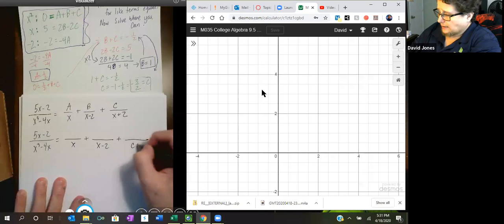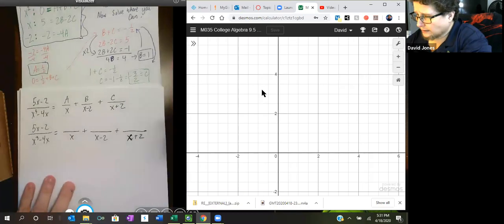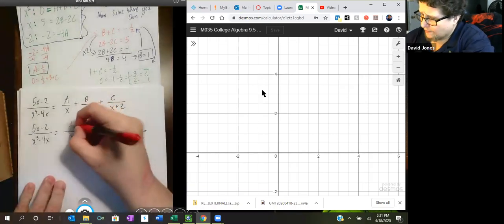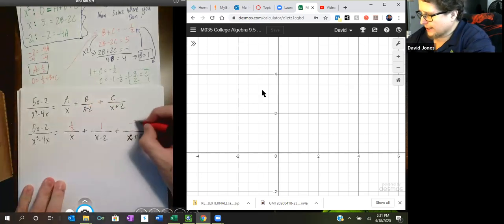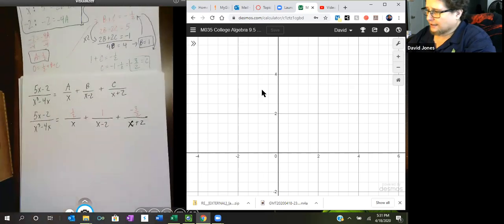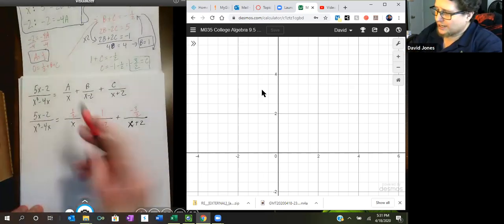B and C. We have a equals 1/2, b was 1, c was -3/2. So on the ones that have a fraction on top, you can move the denominator down below.